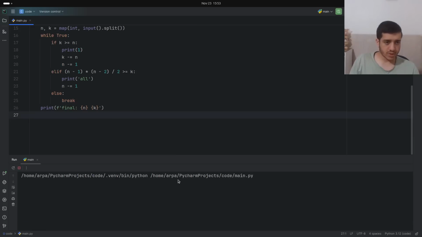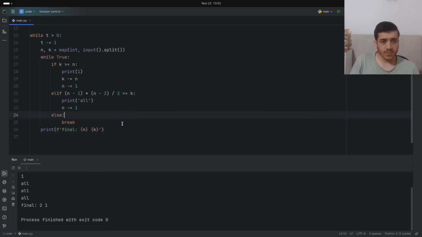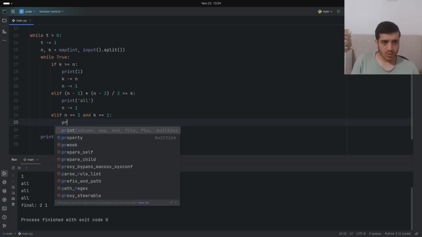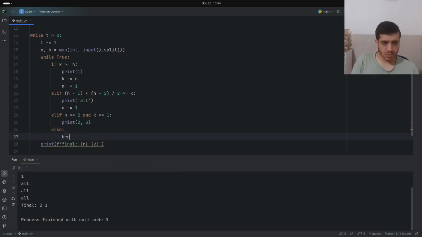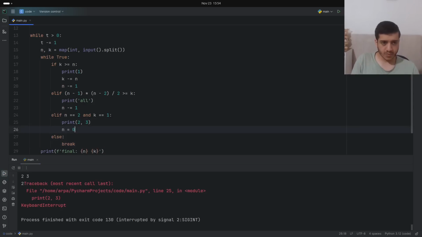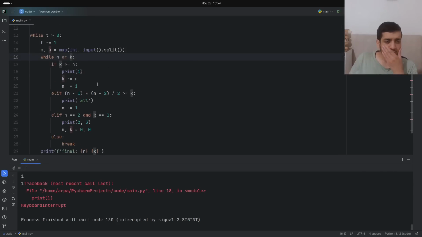Okay, I just want to try something. Printing 1 to the hell.